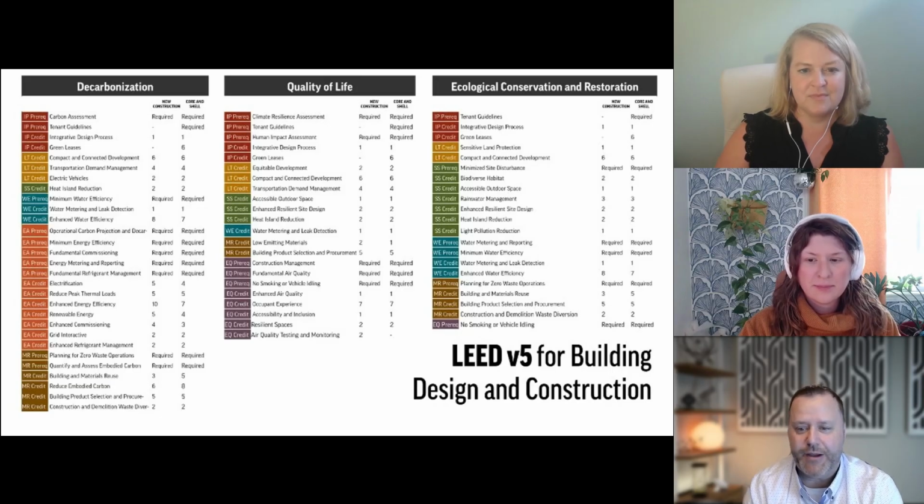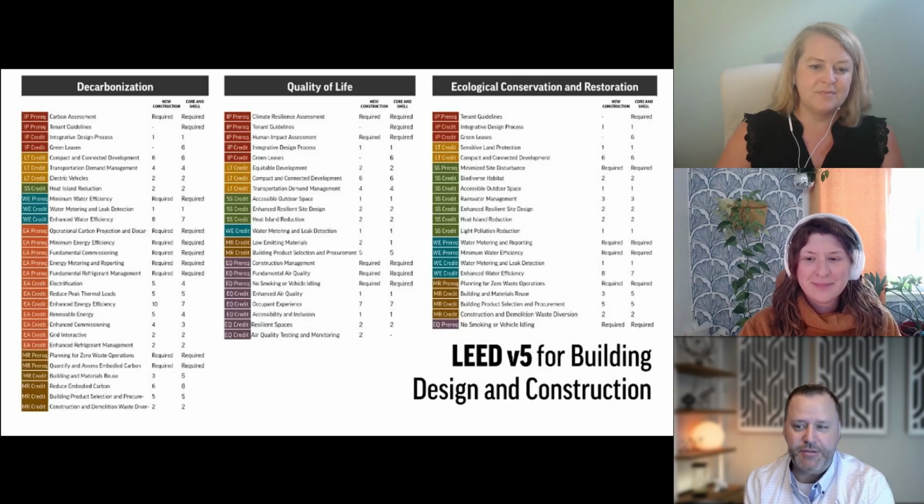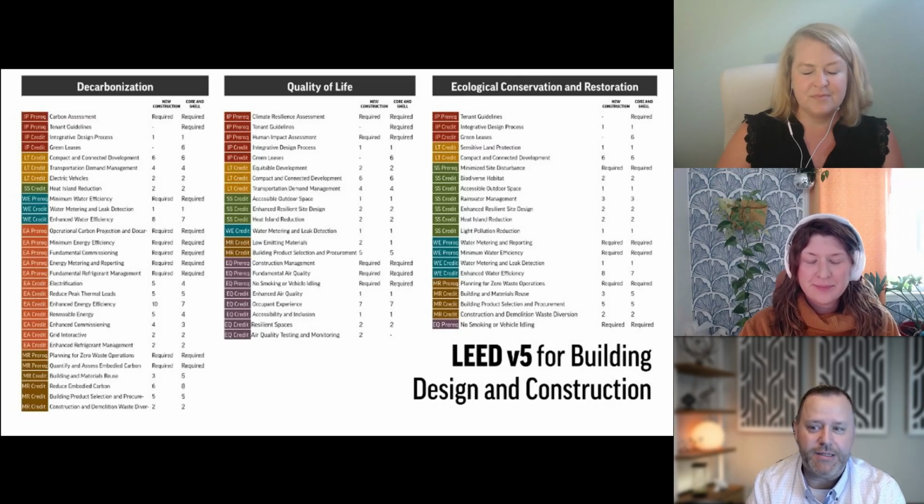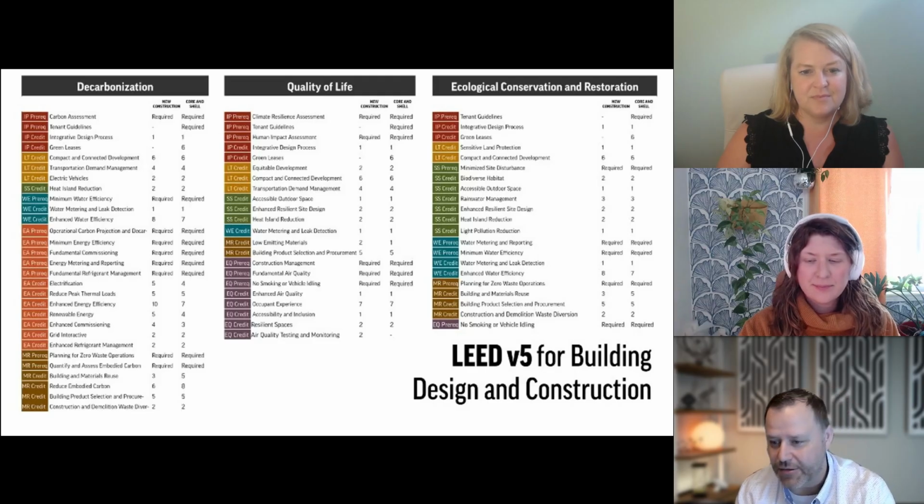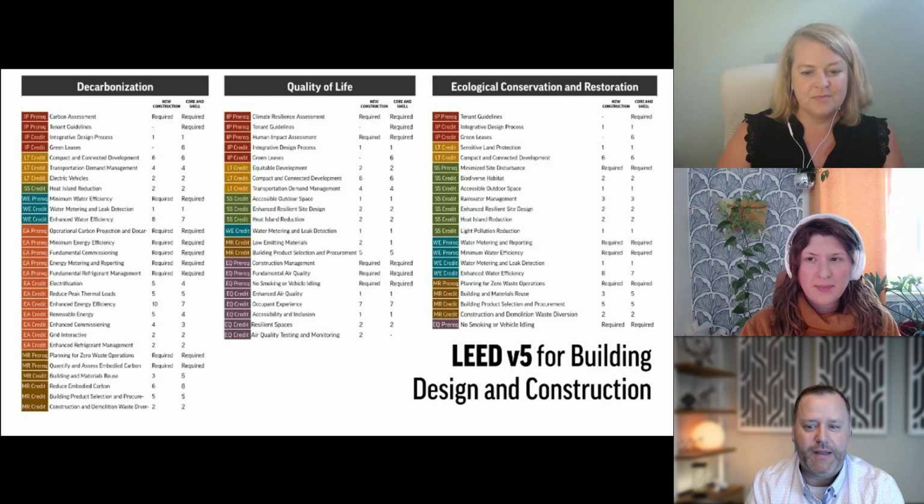And as you see, there's a rainbow in each one, meaning that, again, LEED v5 is all about multi-attributes. You can find strategies in decarbonization, of course, in the energy and atmosphere section. Those are kind of those orange ones on the left. But you'll also find them through integrated process and location and water and the MR category as well. And that's true for all these categories. We're trying to really showcase that LEED v5 is a multi-attribute standard for all buildings.